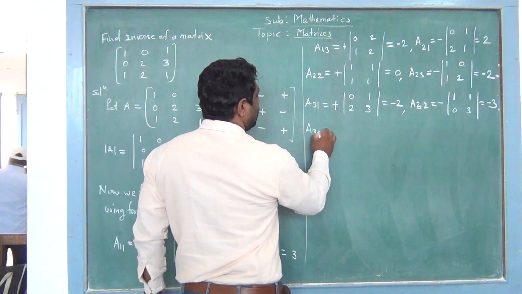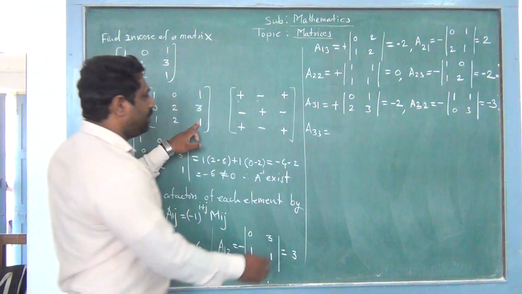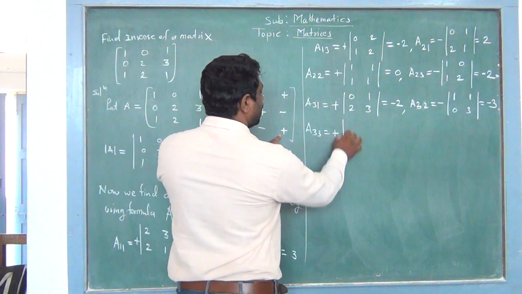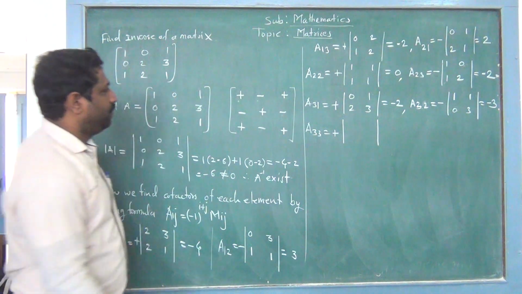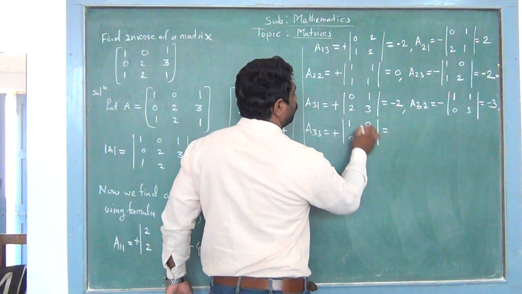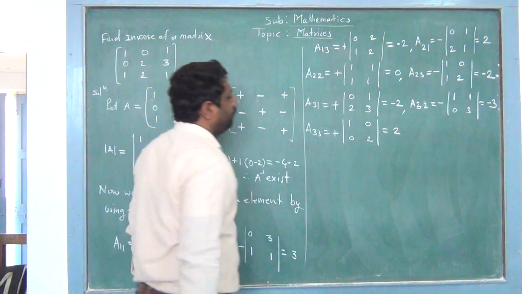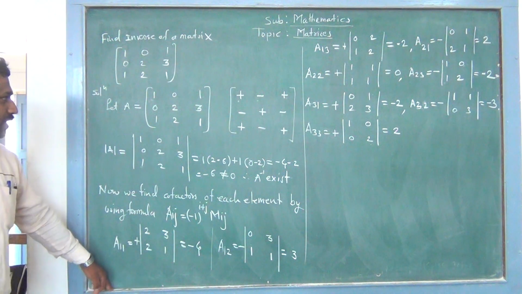Now A33 has sign plus, so plus times [1 0; 0 2], so 2 minus 0, that is 2. So in this way we can find the cofactor of each element.